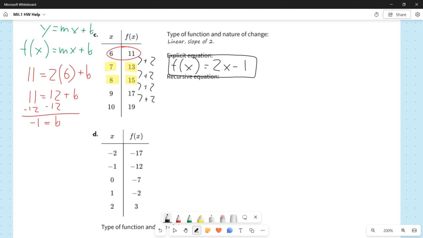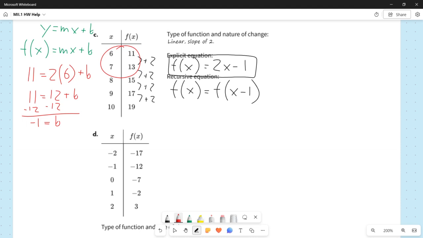For a recursive equation, f of x equals our previous term, so f of x minus 1, whatever term came before that, and then we're going to modify that in some way, right? Well, if you take a look at the first 2 entries in the table, notice that when our input goes from 6 to 7, our output goes from 11 to 13.